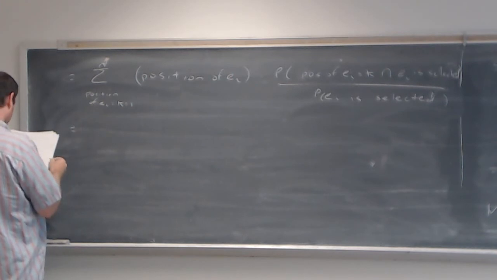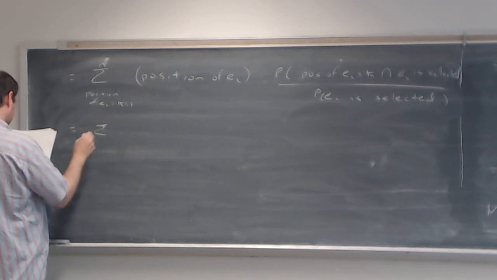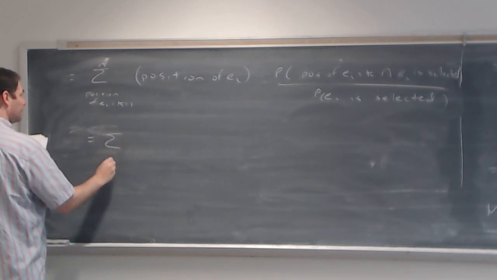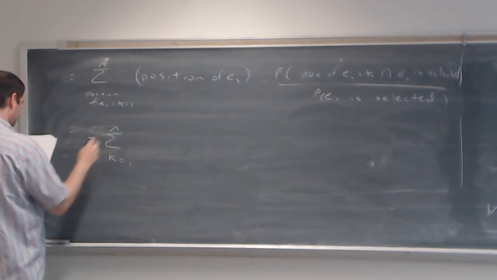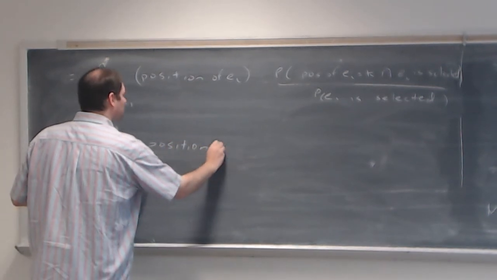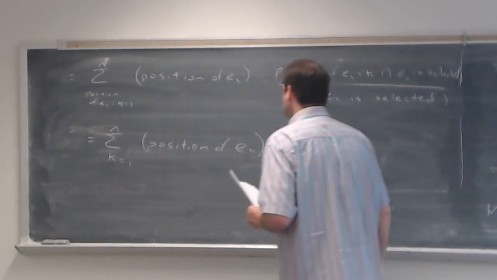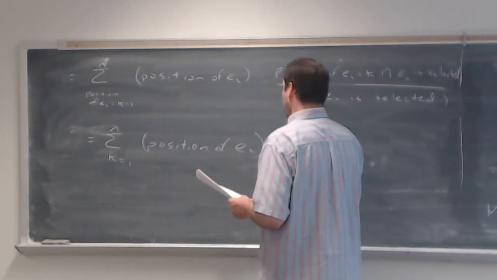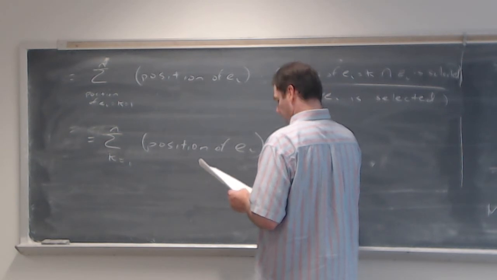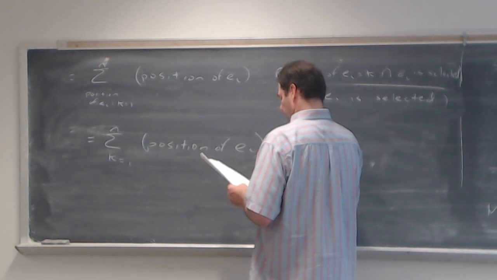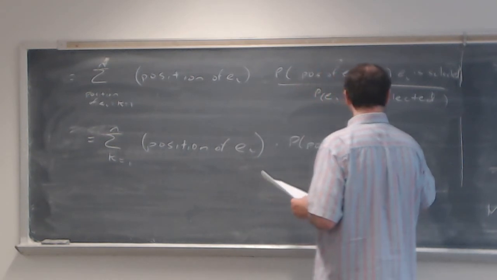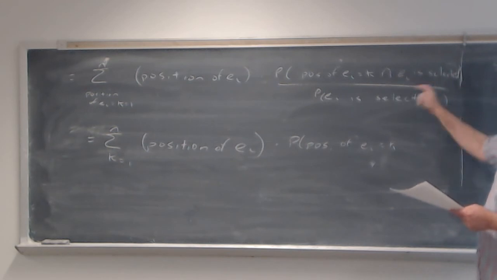This is equal to, due to independence between the position of E_I and E_I being selected, sum over K running from 1 to n of K times the probability of the position of E_I equaling K. And that's due to the independence here.